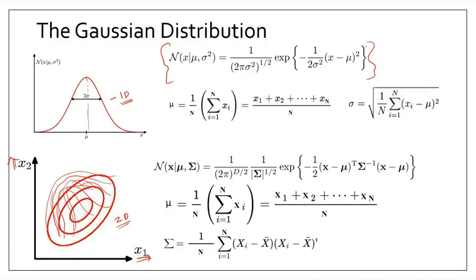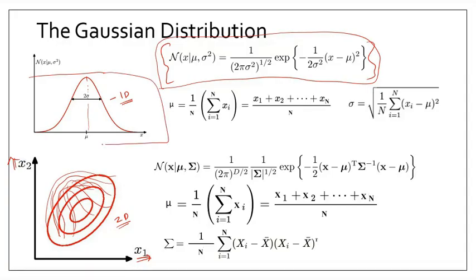So this is the formula for computing the probability for the normal distribution, or actually this is the normal distribution model.